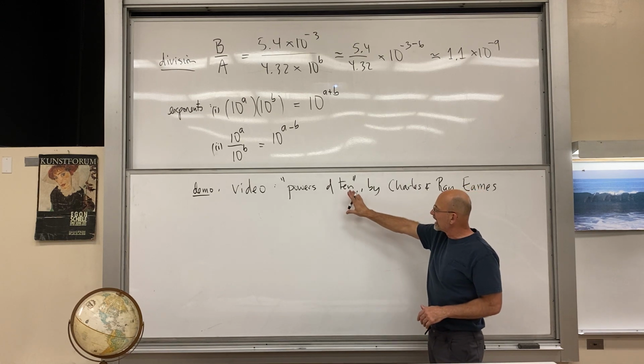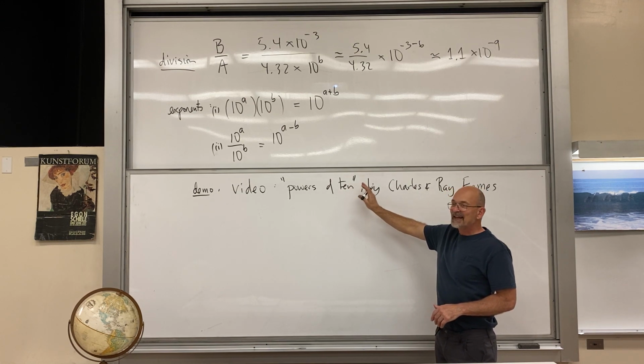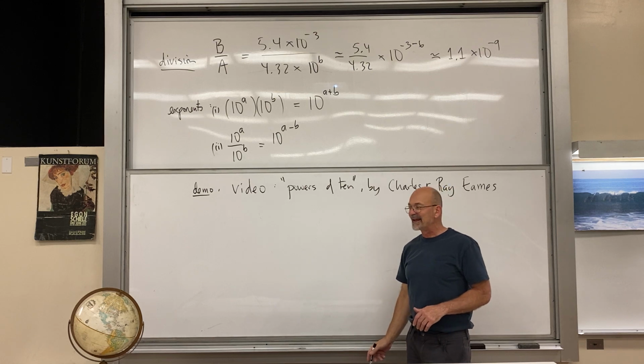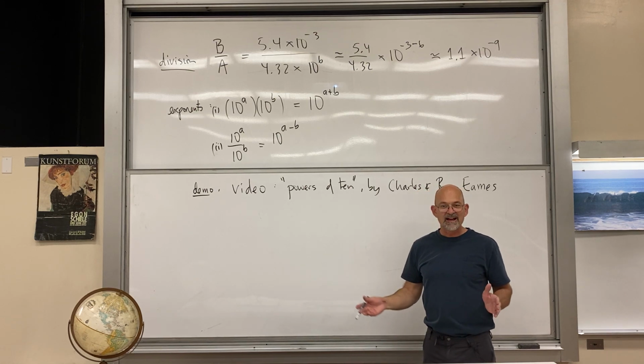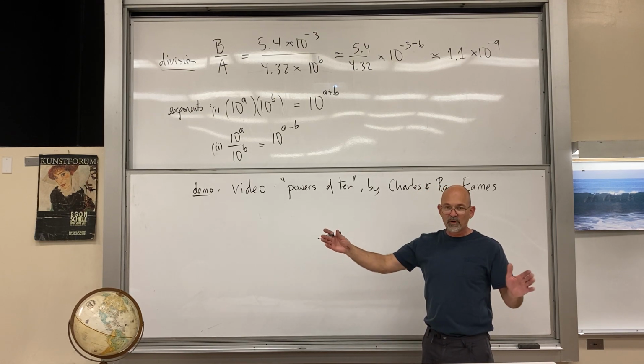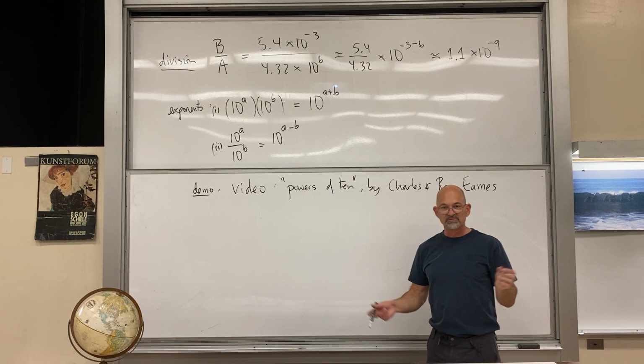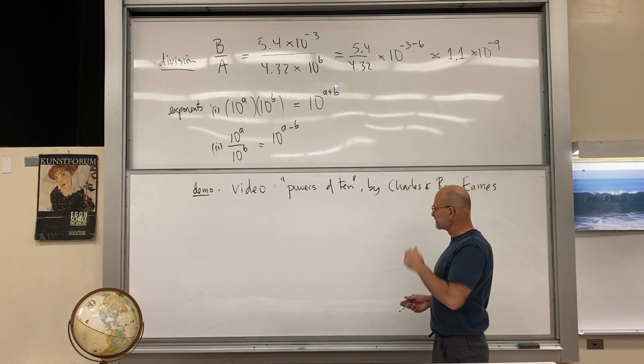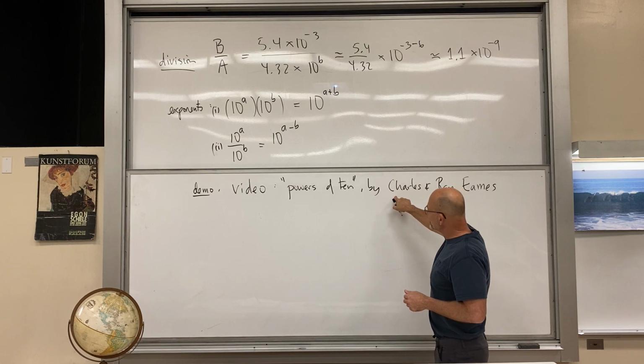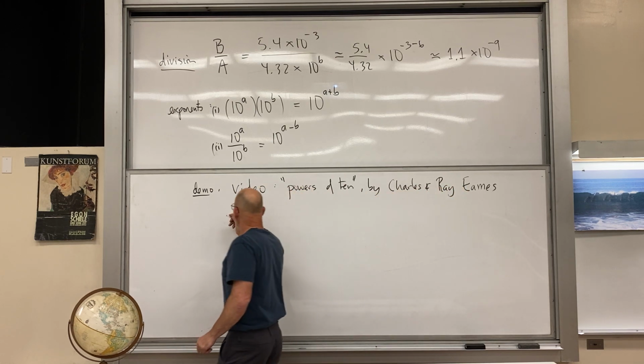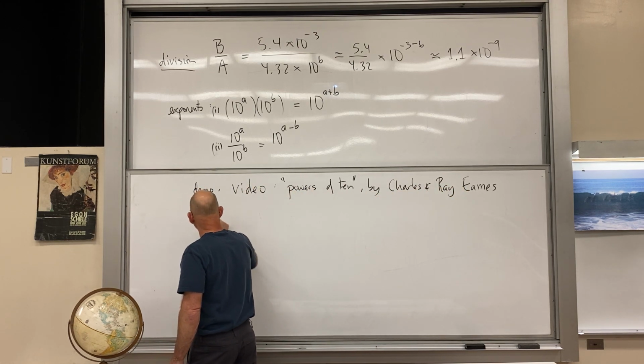And it's a very nice example of the use of powers of 10 in just terms of the size of the universe, all the way from the cosmos on down to little atoms and molecules. So you want to watch this. So watch the video. This is homework.